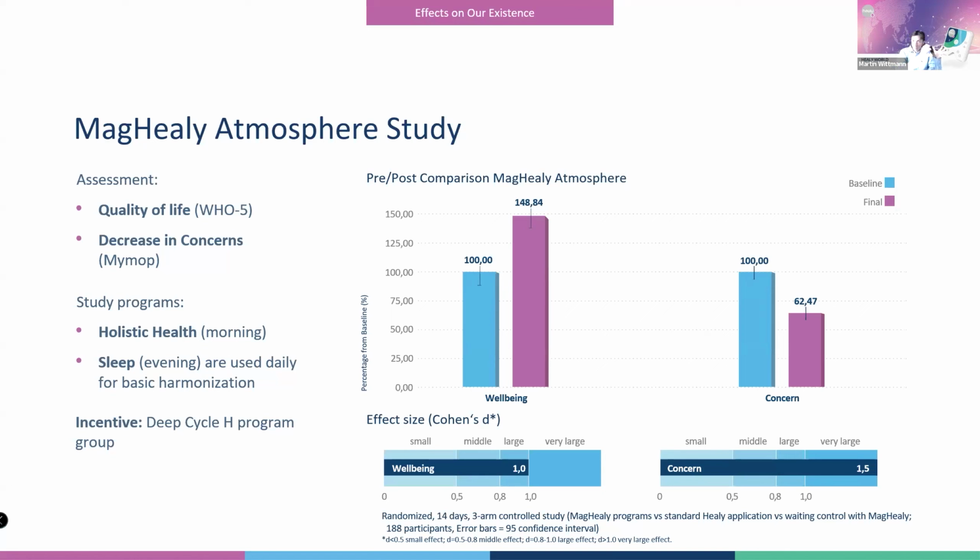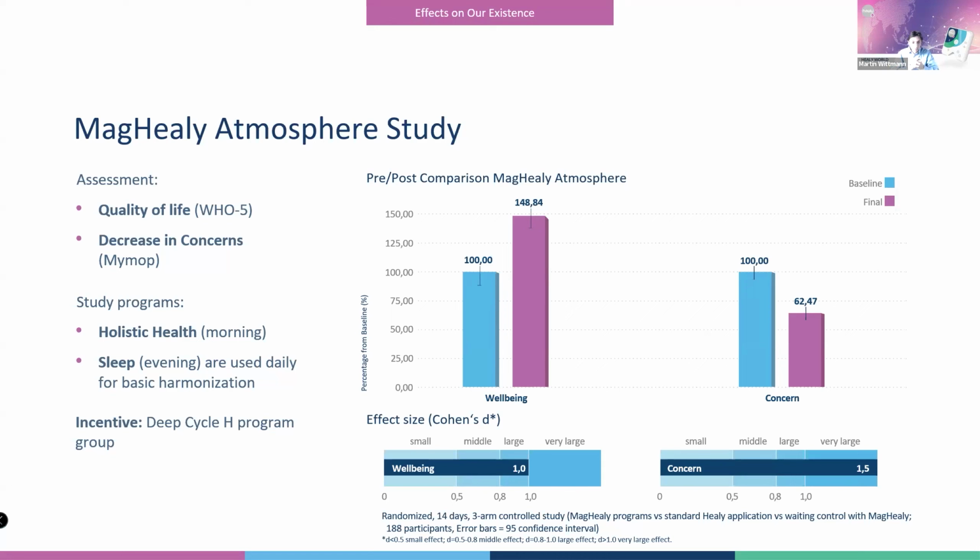So we did magnetic field programs that had basically no frequency and no effect, and we used for the active group the real McMakin Plus sleep program, night harmony man and night harmony female. And there we had actually positive effects that exceed the placebo effect. So really a high significant positive effect.